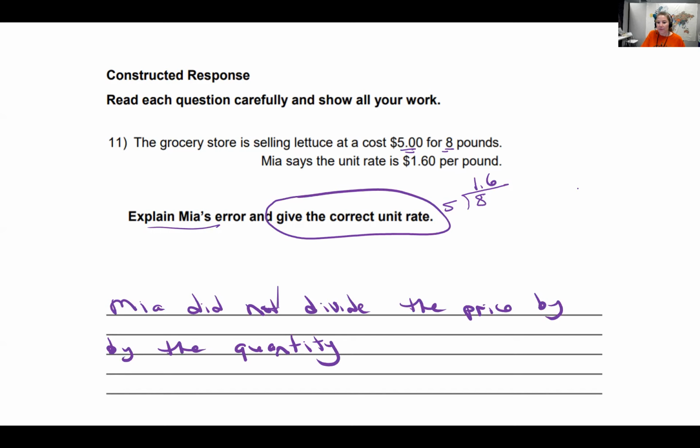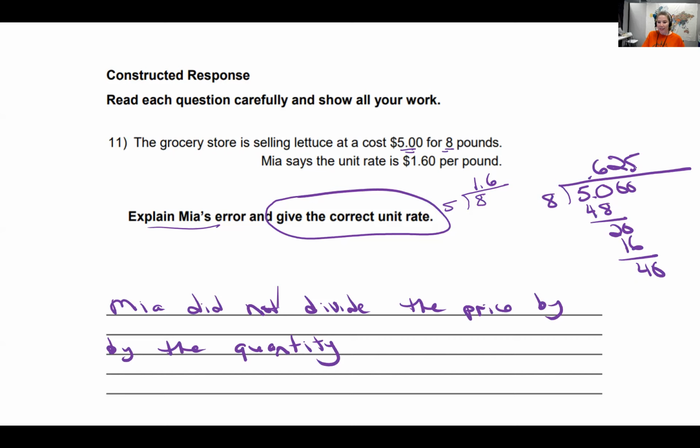So we are going to put 5 in the box, 5 divided by 8 pounds. Well, 8 won't go into 5, so we are going to add a decimal and a 0. 8 will go into 50 6 times. 8 times 6 is 48. 8 will go into 20 twice. And then 8 will go into 40 5 times.